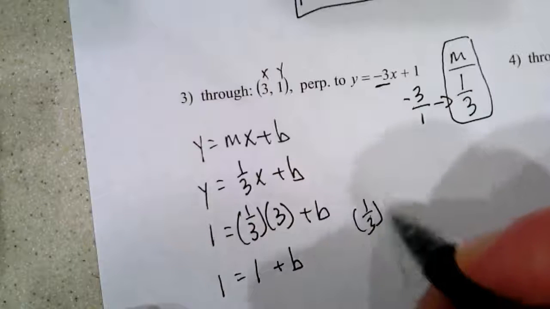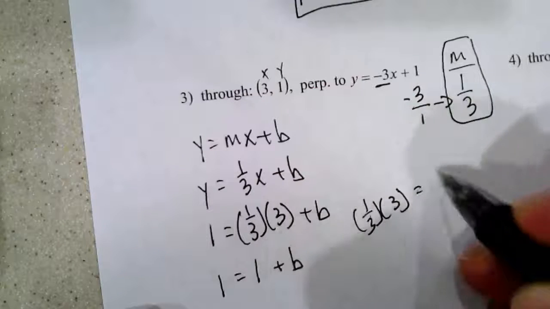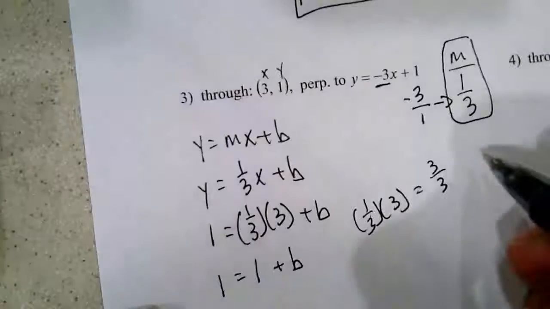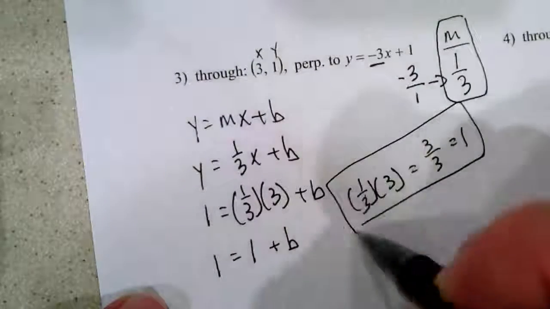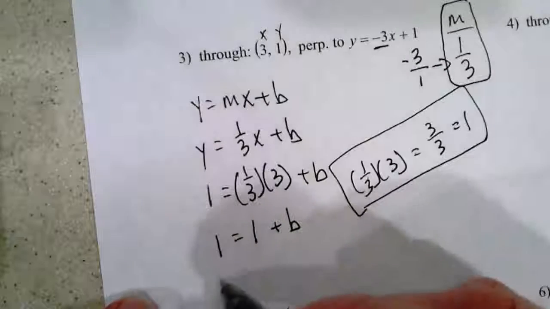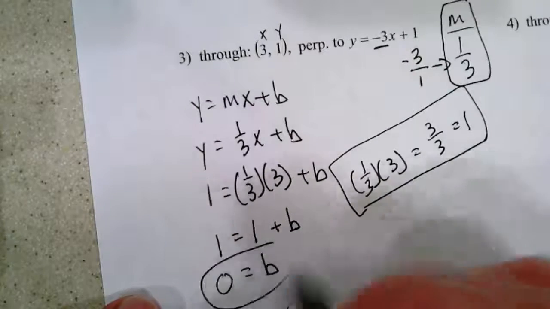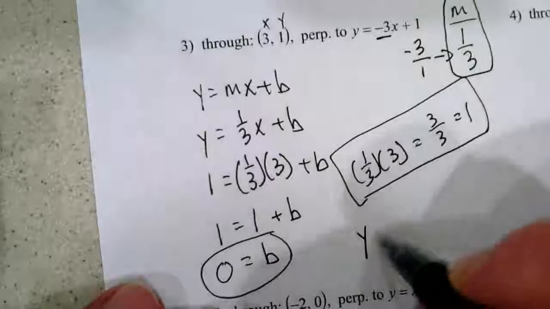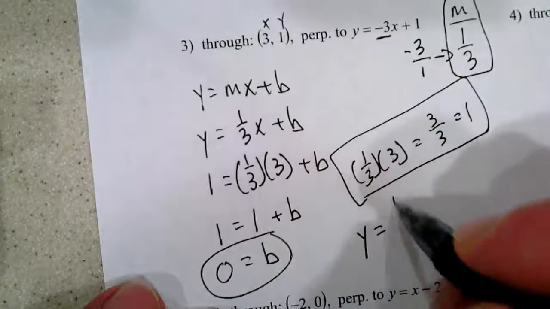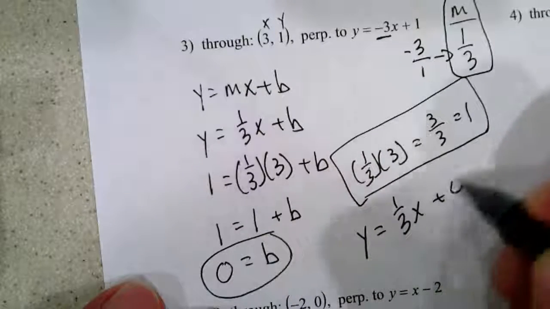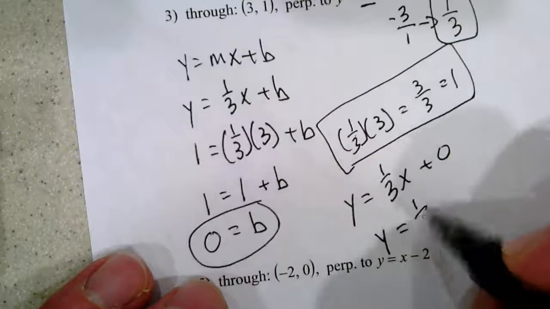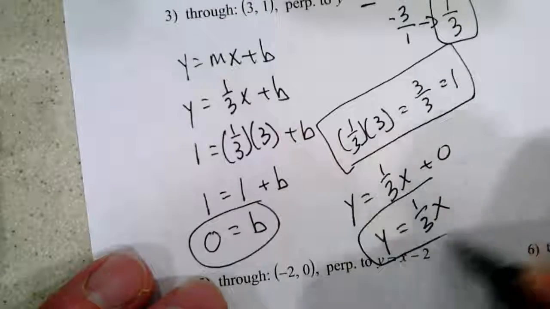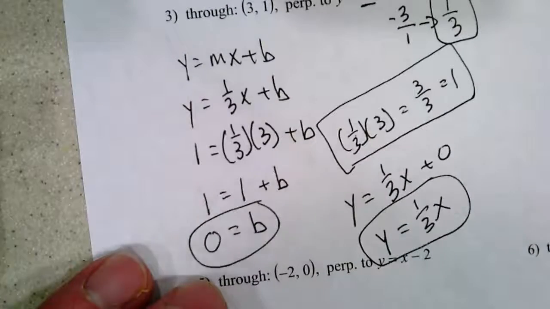So 1/3 times 3 equals 3/3 equals 1. Okay? Subtract 1 from both sides, and I get 0 equals b. So our equation is y equals 1/3 x plus 0 for b. And we can just leave off the 0 and go y equals 1/3 x.